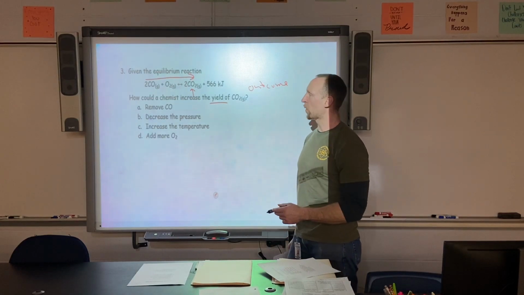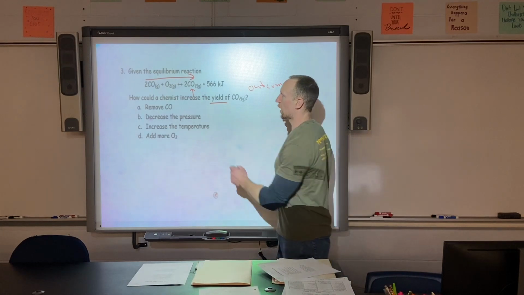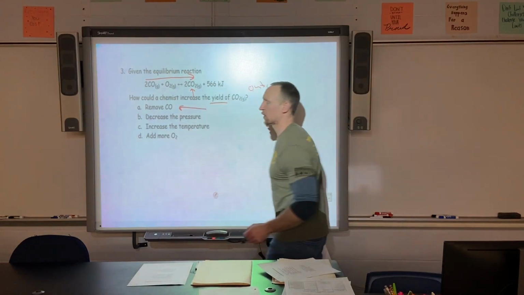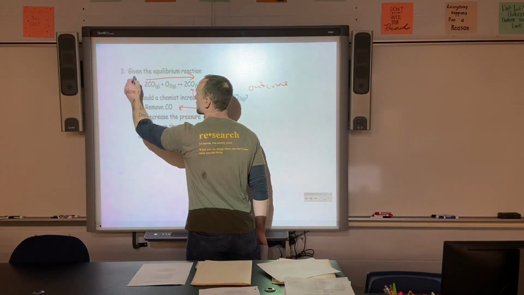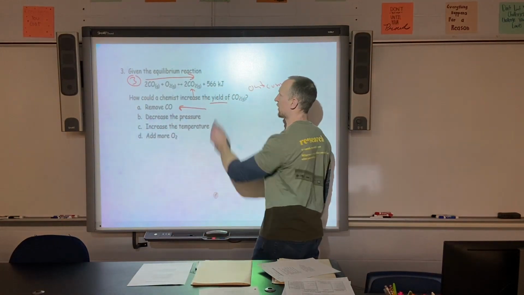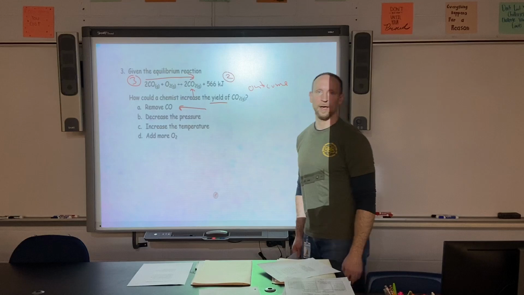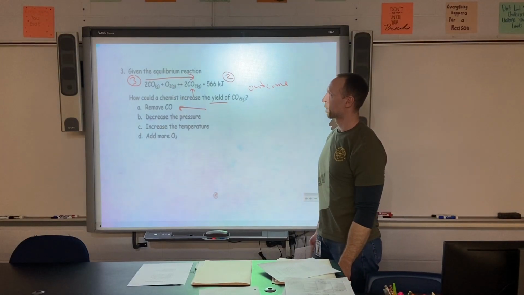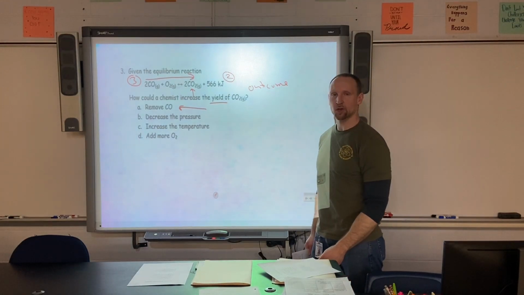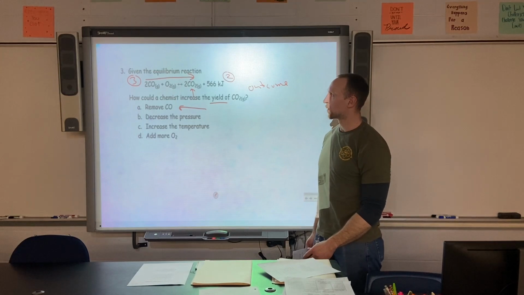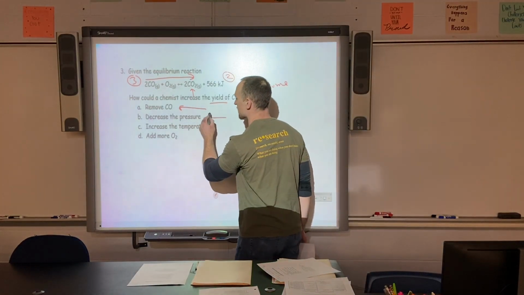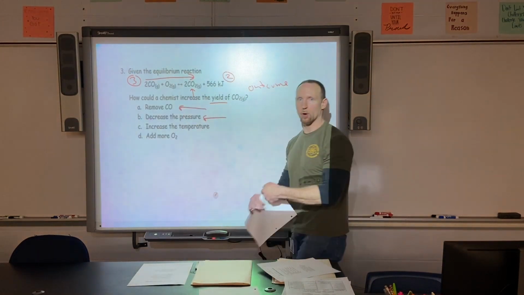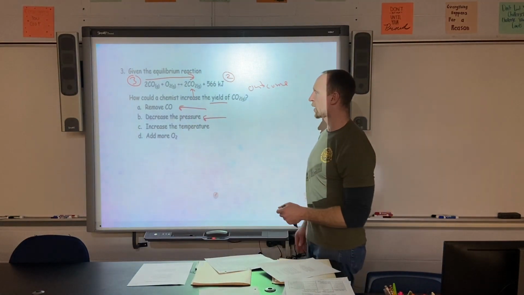If I take CO away, I'm going to try and put it back, or towards what's taken away. Shift left. Pressure. 2 plus 1 is 3 moles of gas on the left, only 2 moles of gas on the right. So if I decrease the pressure, I'm going to want to bring the pressure back up, so I got to shift to the side with more gas particles, more collisions, bring our pressure back up.